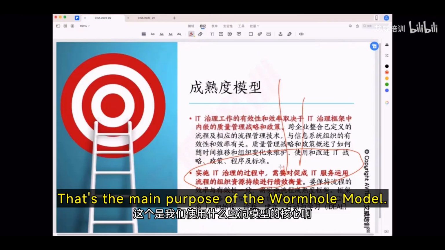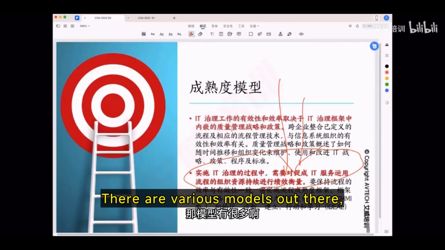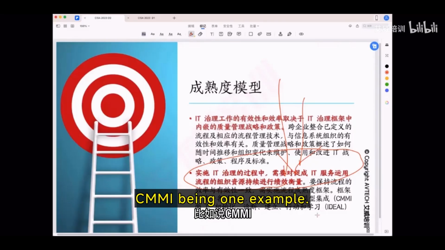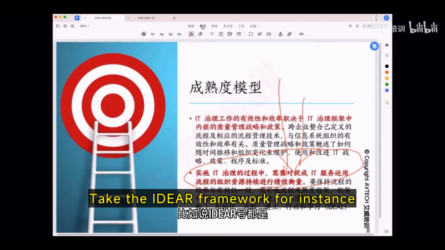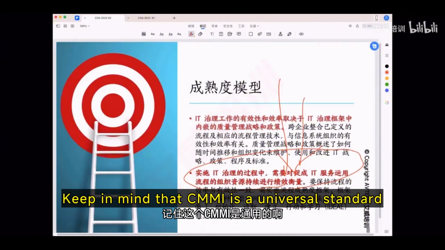That's the main purpose of the Wormhole Model. There are various models out there, CMMI being one example. Take the IDR framework for instance. Within the CISA system however, keep in mind that CMMI is a universal standard.